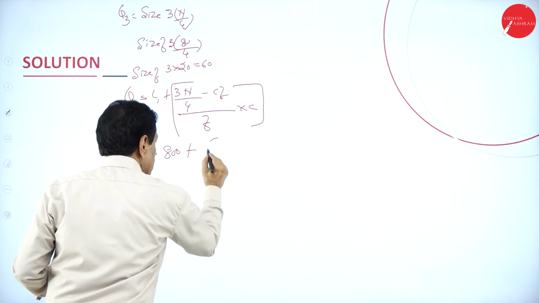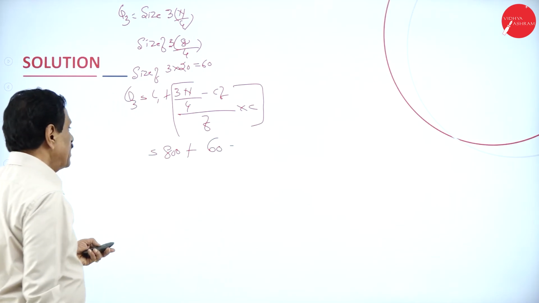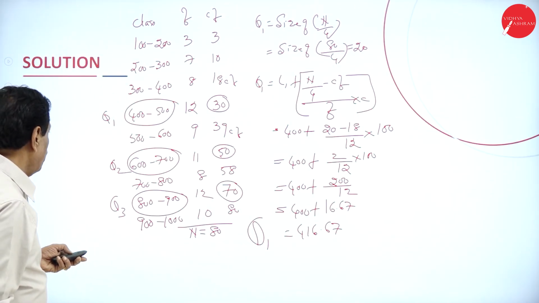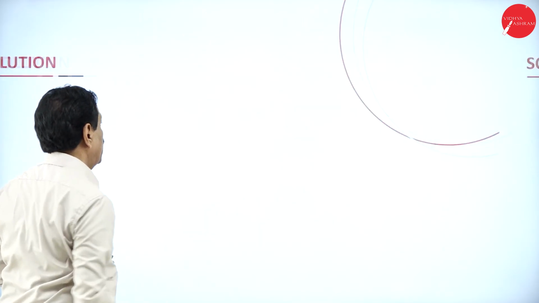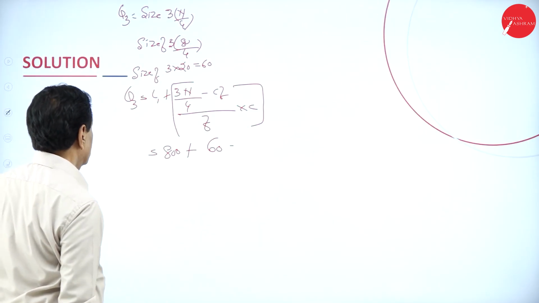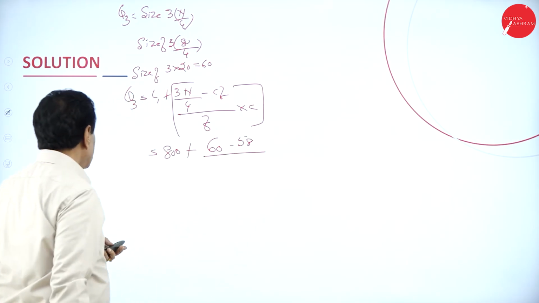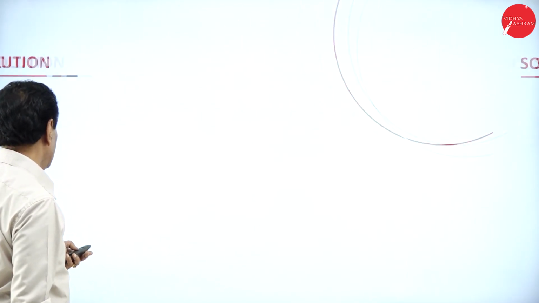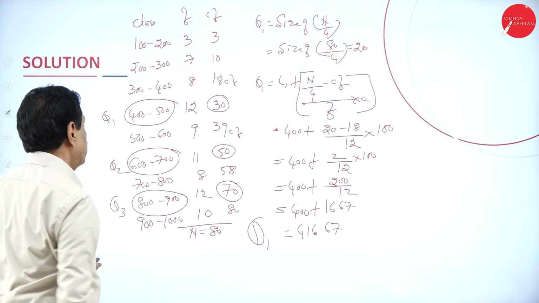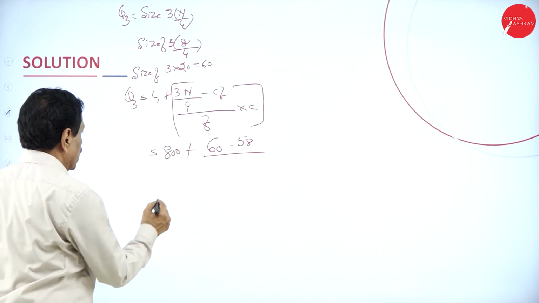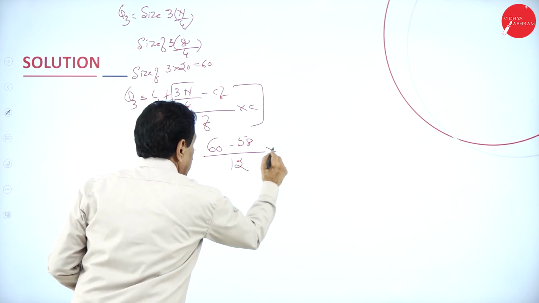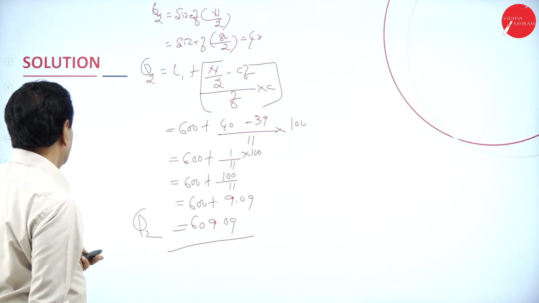It is 60, minus your CF, which is 58, divided by the constant frequency, which is 12, into your class interval.